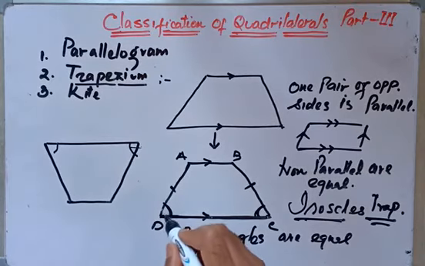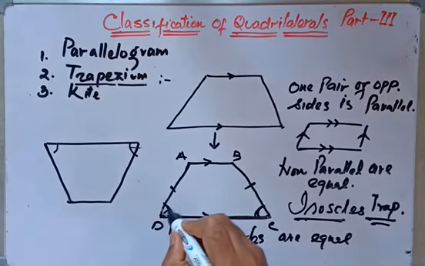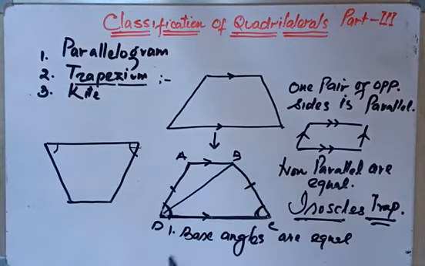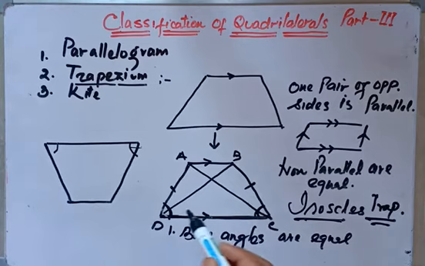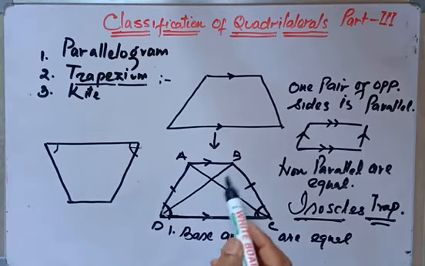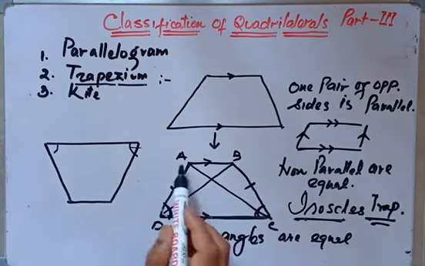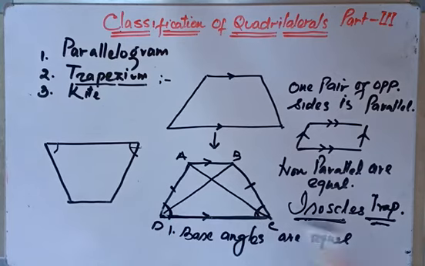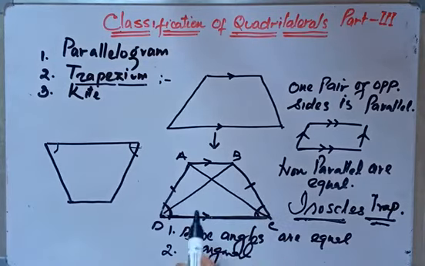Then there is one more thing. If I join non-consecutive vertices, I get the line segments BD and AC. You can see that these two diagonals in an isosceles trapezium are equal. The second property is that diagonals are equal, although they do not bisect each other. You can see that this part is smaller than this part.